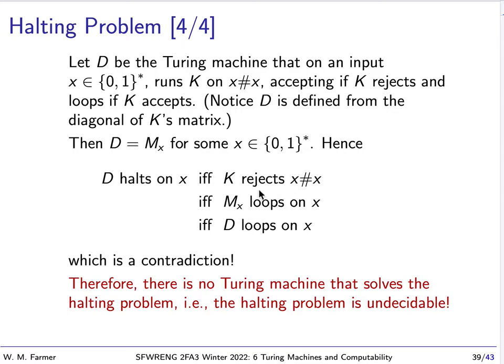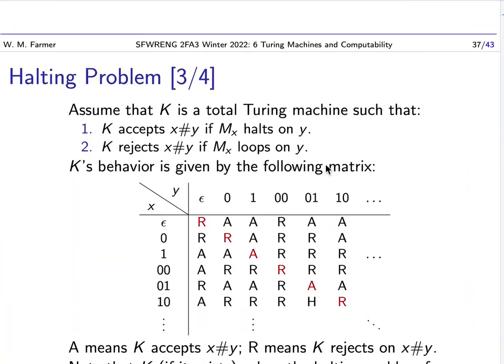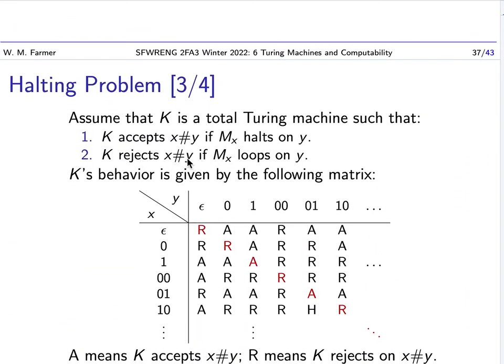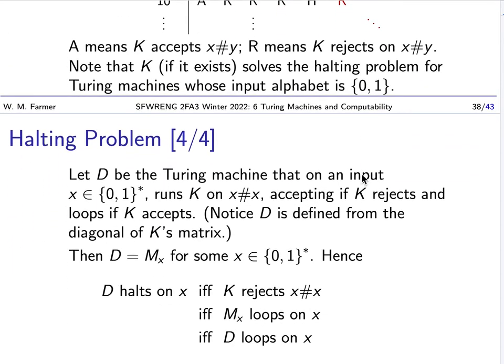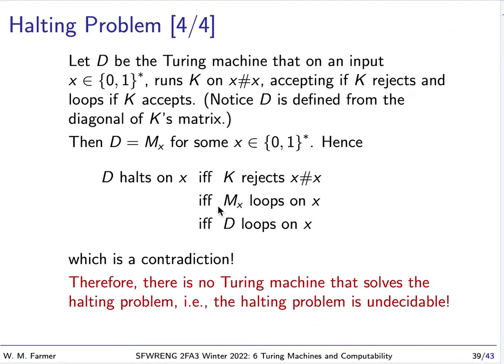If we go back up to what K does, K rejects this string if M_X loops on Y. So if K rejects X#X, that means M_X loops on X. And M_X is D, so this means D loops on X. So we've just shown that D halts on X if and only if D loops on X, which is an impossibility. This is a contradiction.